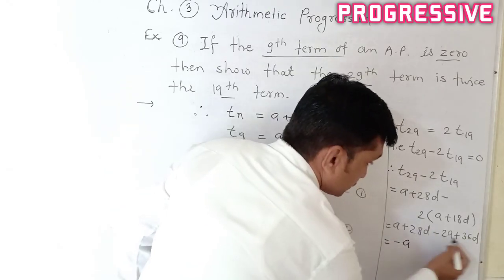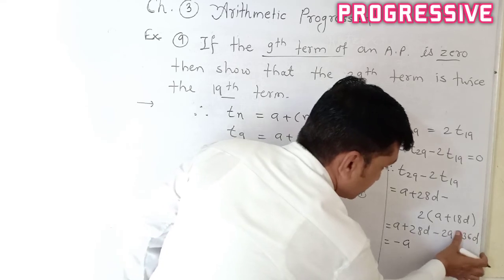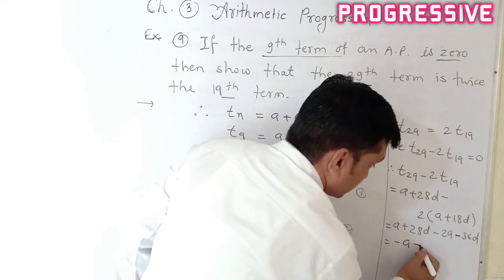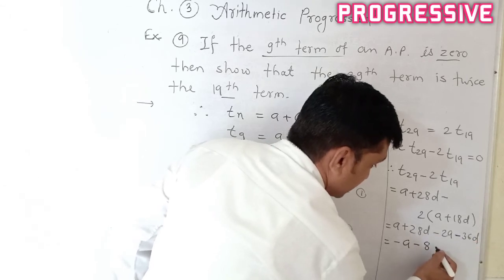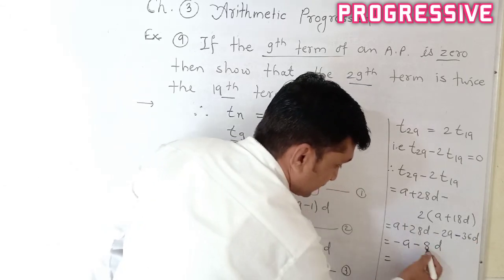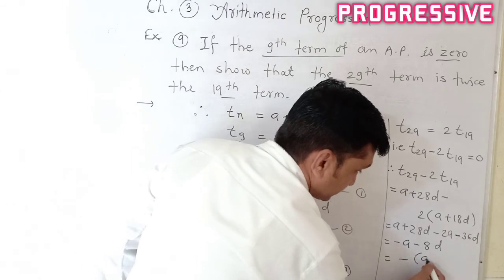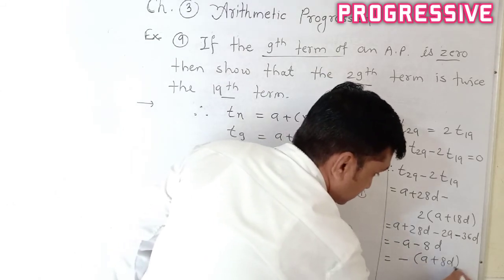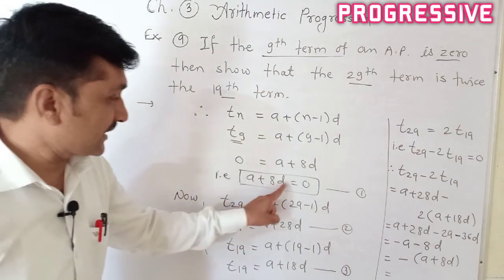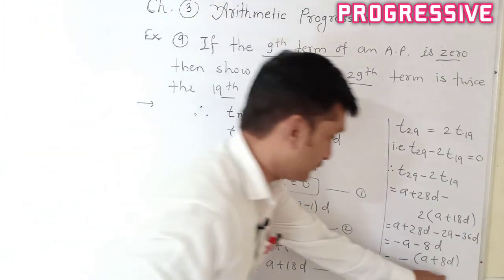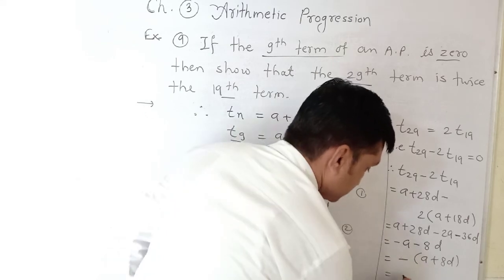Minus a, here the sign will be minus. 28 minus 36, minus 8d. Both are negative, write the minus sign out of the bracket, it becomes a plus 8d, and is equal to, now from 1 you see a plus 8d is equal to 0. Therefore, if you put here the 0 value, we get 0.